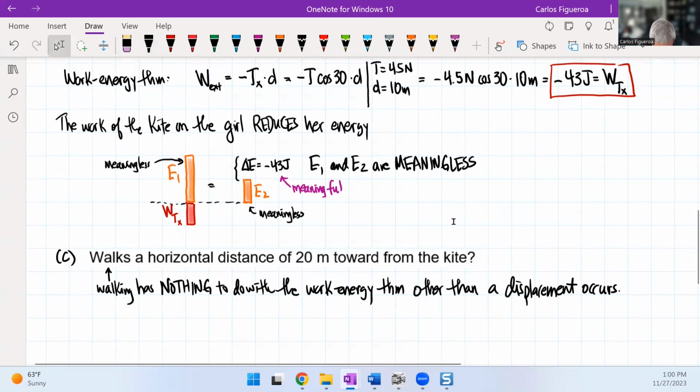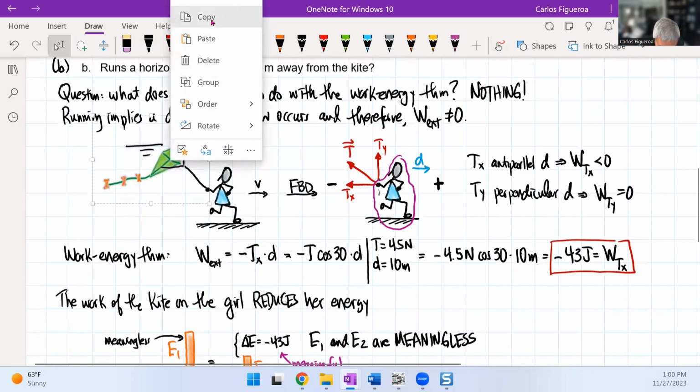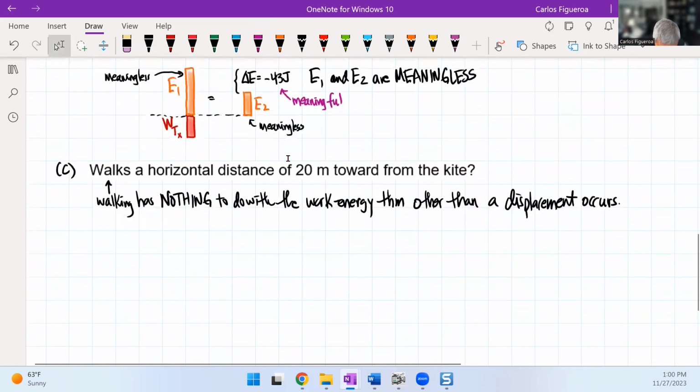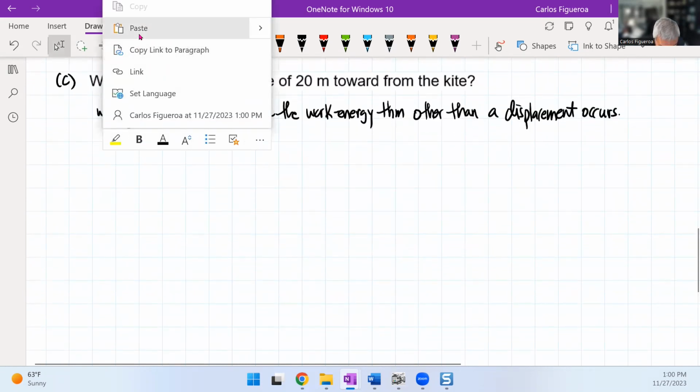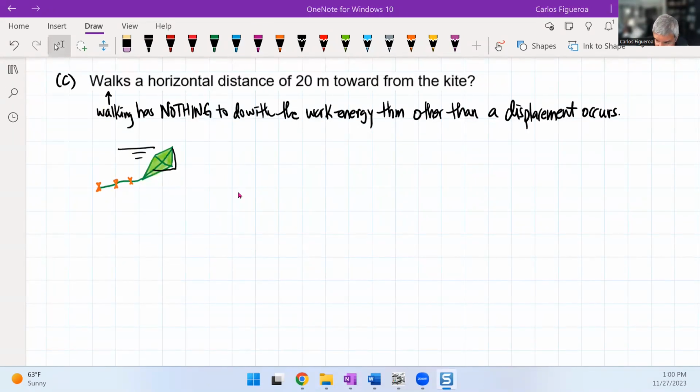So then we play the same game. As before, I'll grab this kite and we want to draw the situation again. The difference here is that the girl is now running towards the kite. No, she's not running, she's walking.